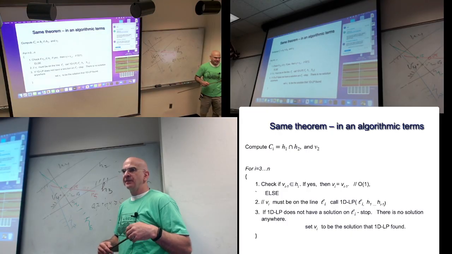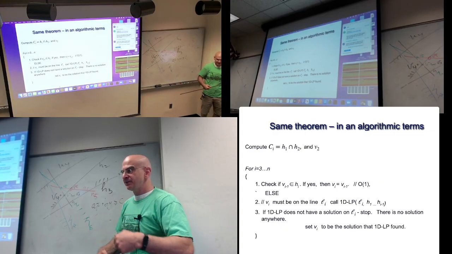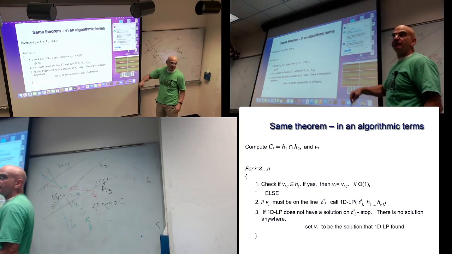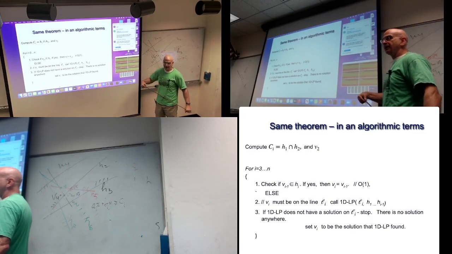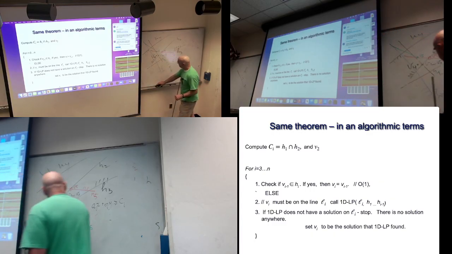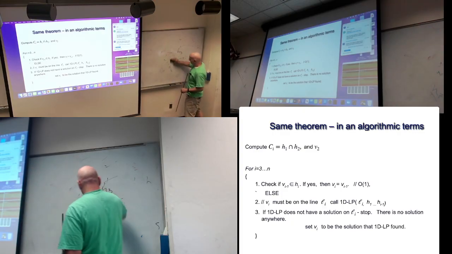Worst case running time: n squared. It's possible that at every step I need to call the 1D linear programming. Calling the 1D linear programming is expensive. It's linear time, but now I'm doing it for every half plane, just to show you that it could be.